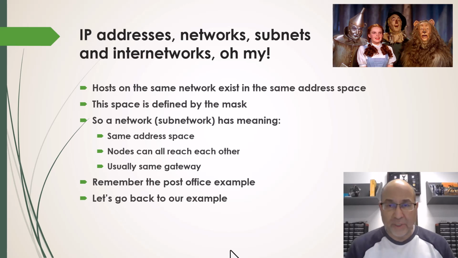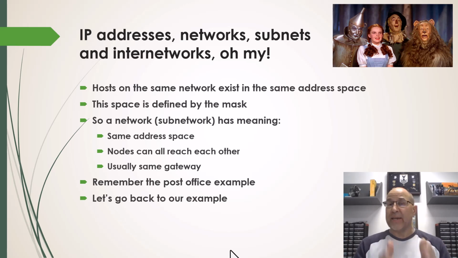So IP addresses, networks, subnets, and internetworks, oh my. Okay, so when we say network, it has a very special connotation. The hosts inside a network share the same address space, and the space is defined by the network mask. Whatever network mask you have, that specifies what your address space is going to be.